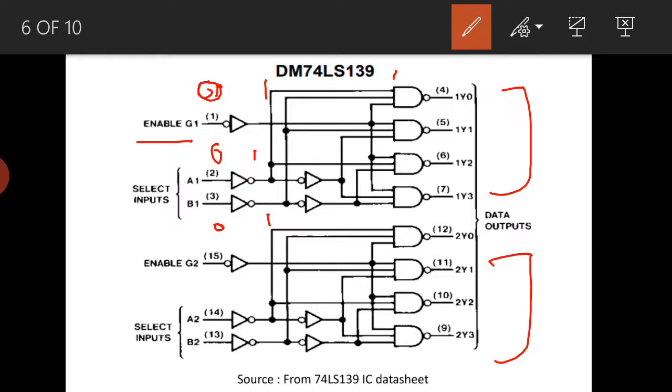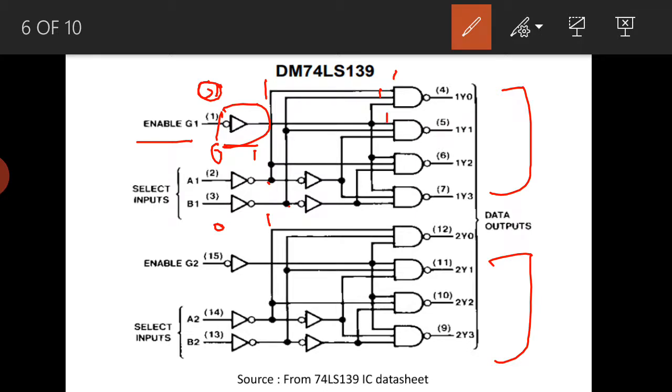And you can see enable is already 1 because of the inverted bubble, which is a buffer with a bubble at the input side. So if 0 0 go through the inverter, they will become 1. So the signals are tapped here, and again these two inputs are 1.